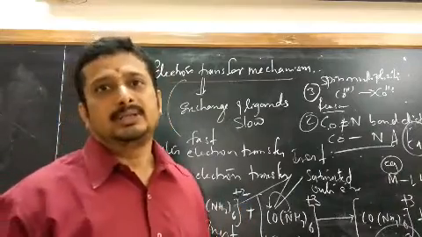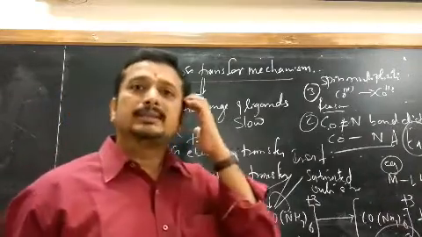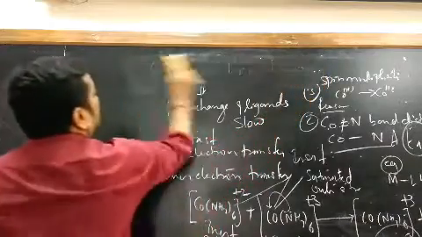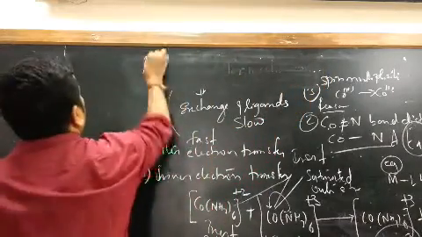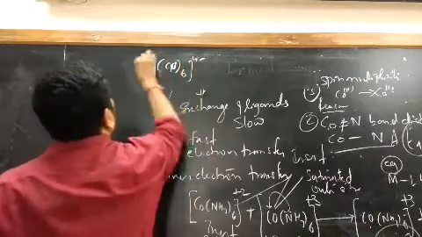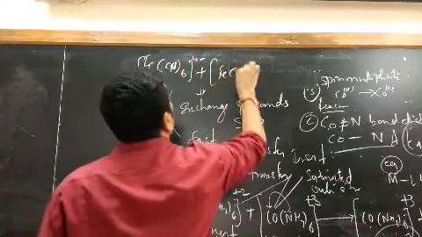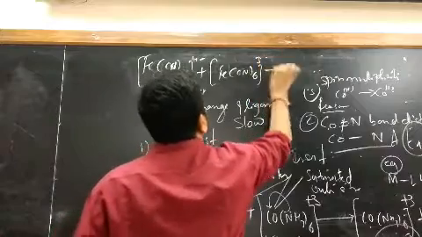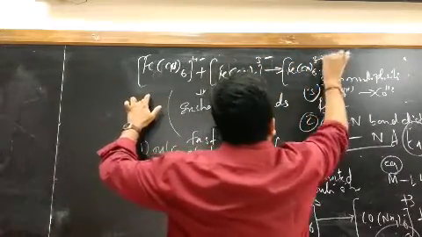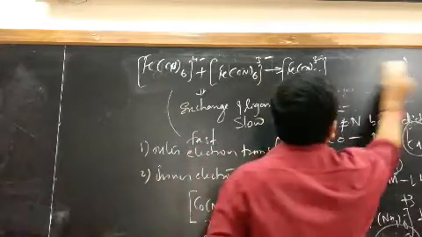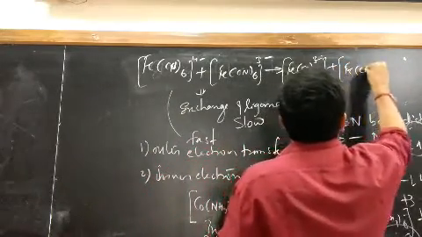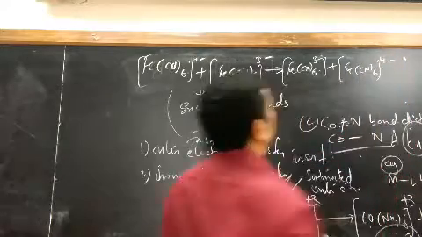Is it right? So one more example: if I ask you how is the electron transfer in this now. Okay, so electron transfer in this reaction, [Fe(CN)6]4- plus [Fe(CN)6]3- giving you [Fe(CN)6]3- plus [Fe(CN)6]4-.